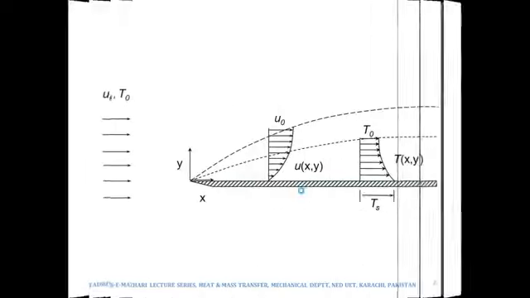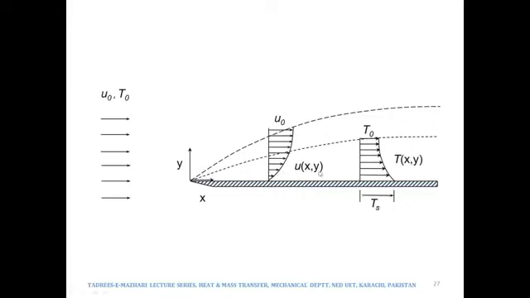Because if you take a look, this is the flow direction, and the component of velocity in x direction is u, and the component of velocity in y direction is small v. So since u is much greater than v, of course, because majorly the flow is taking place in x direction, therefore u would certainly be much greater than v.